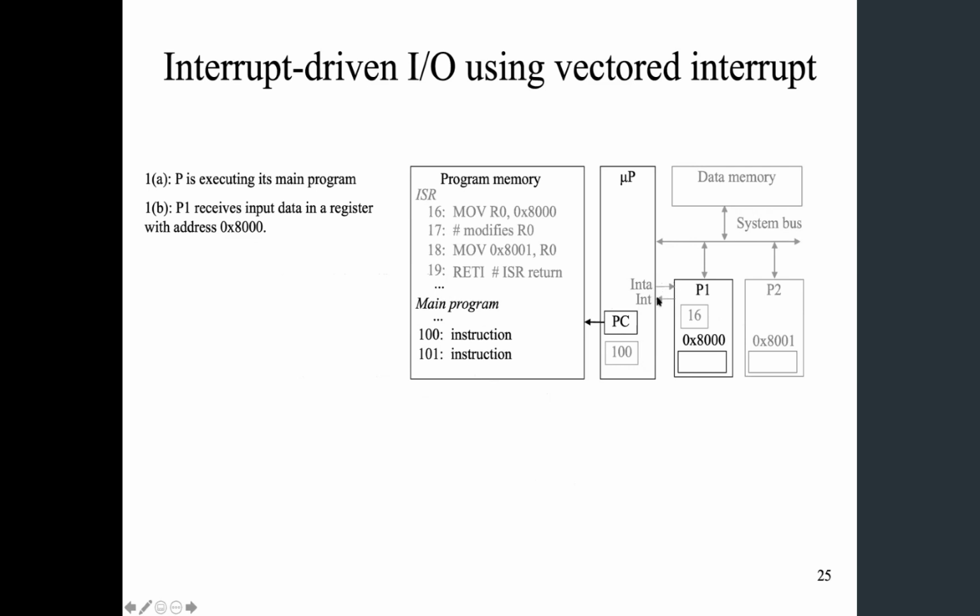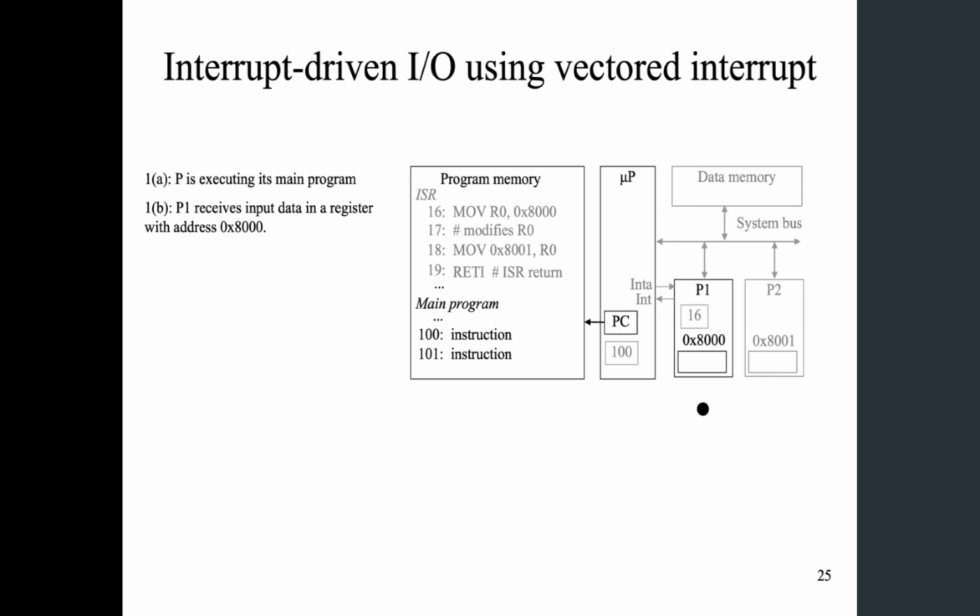We had the interrupt signal, and also we have an interrupt acknowledgement signal. The interrupt acknowledgement signal comes from the microprocessor to the peripheral, so you see this arrow direction here. And we'll soon see how the interrupt acknowledgement pin is put into play.